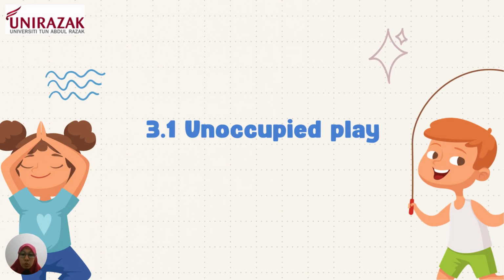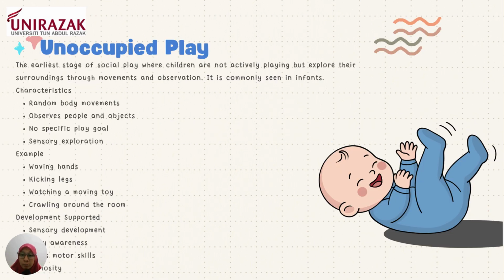First one is the unoccupied play. It is basically the first stage of social play. Children at this stage usually are not playing the way that we usually expect children to play.